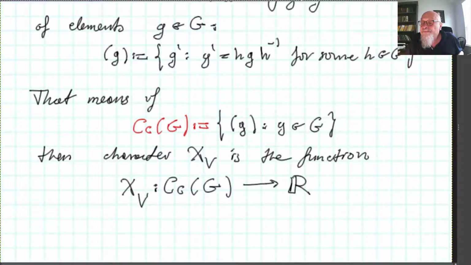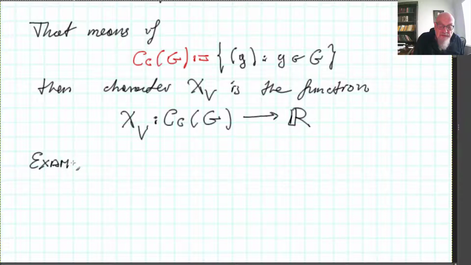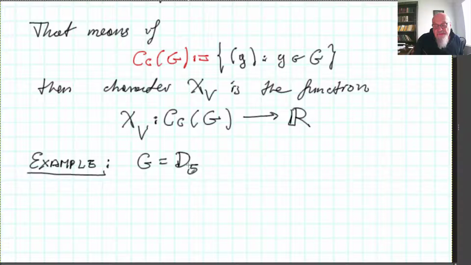So maybe let's look at an example. Why not? It's always a good idea to have an example. Let's take G equal to the dihedral group D5.